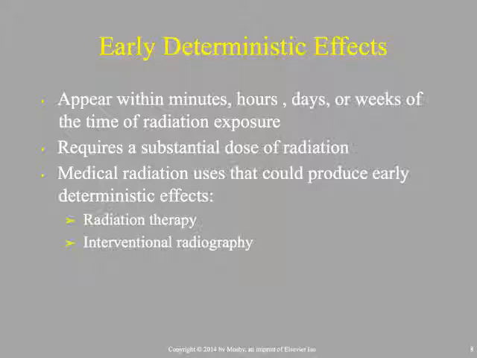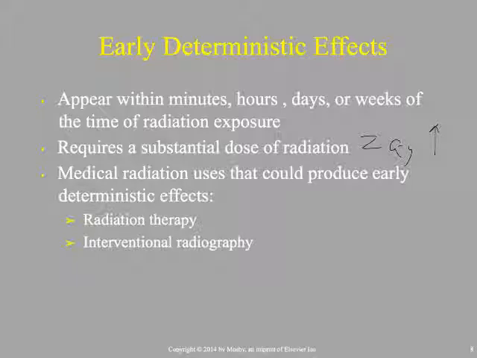So, why do we call them early deterministic effects? They will appear within minutes, hours, days, or weeks of the time after radiation exposure. Okay? They require a substantial dose of radiation. So I've already said by substantial I mean 2 gray or more, or higher. We'll put an arrow for higher.